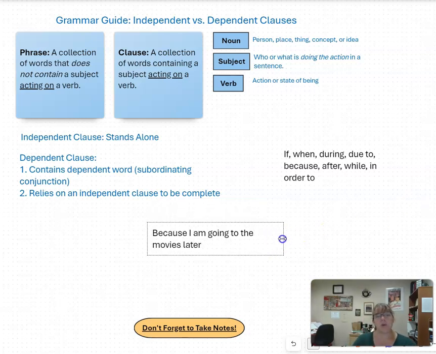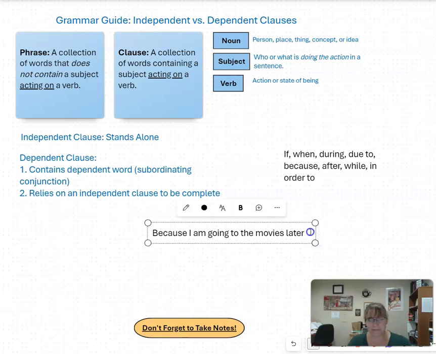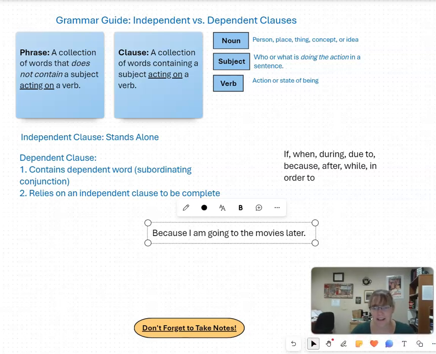Okay. You have probably had a teacher who told you you are never ever allowed to begin a sentence with the word because. I would say hands up, but we're not in the class and I won't be able to see that, okay? I would be curious. You can leave a comment or in your discussion board post. You should let me know if your teacher ever told you that you weren't allowed to begin a sentence with because.